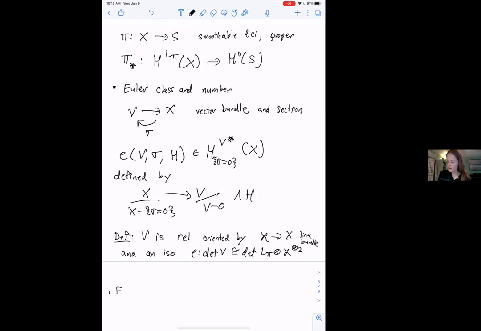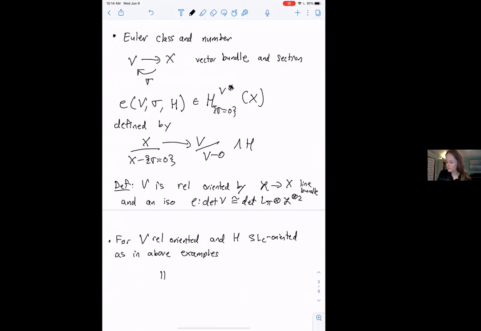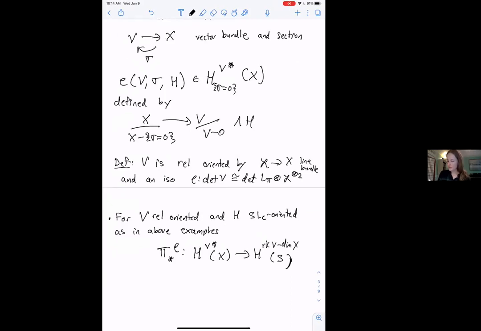So for V relatively oriented and H in the above examples, or HSLC oriented, we have a push forward going from H V dual of X to H rank of V minus dimension X of S. So then the Euler number, which we can use to count, and the sigma rho H can be the push forward of the Euler class.